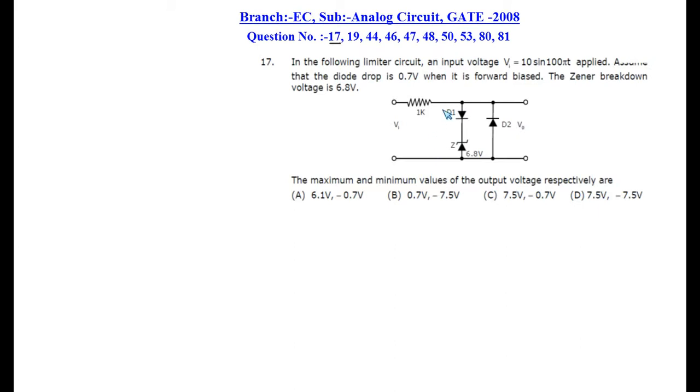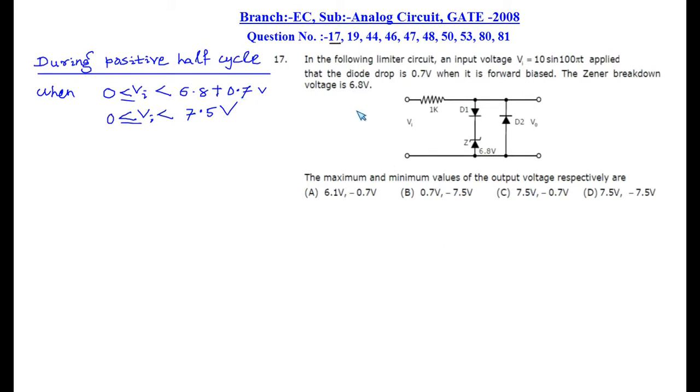So we will analyze the output voltage by taking the positive half cycle as well as the negative half cycle of the input voltage. During the positive half cycle, the input voltage varies from 0 to 6.8 plus 0.7 volt. Why 6.8 plus 0.7 volt?